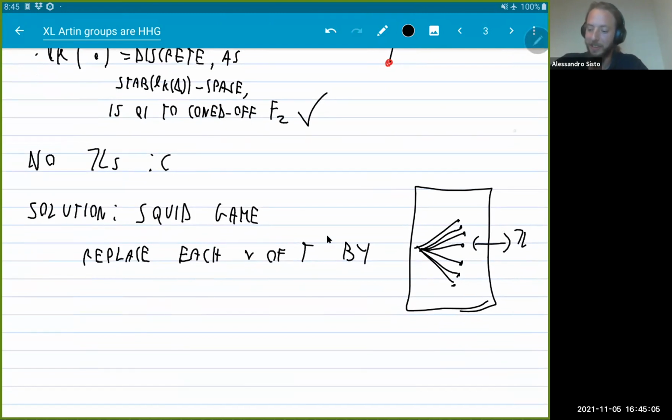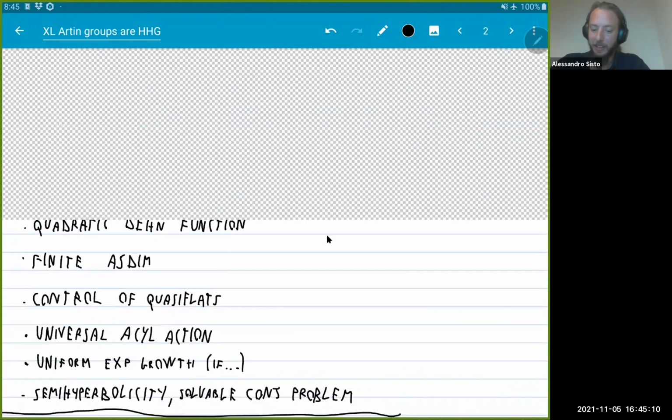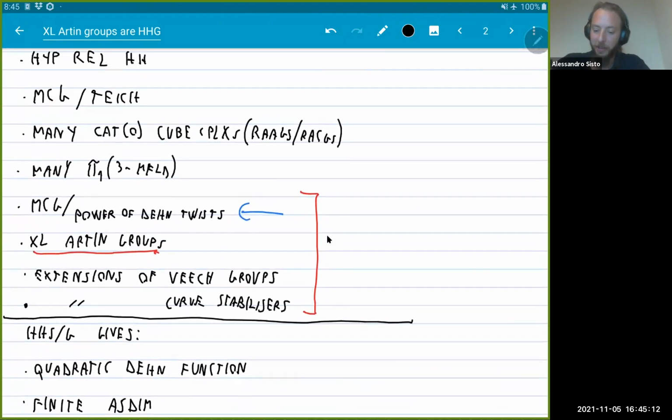Basically this picture of the squid is used in all these examples, and there's a distinction between hierarchically hyperbolic space and hierarchically hyperbolic group. In work in progress we're clarifying that. So the squids are used in 4 out of 5 of the applications of the criterion.